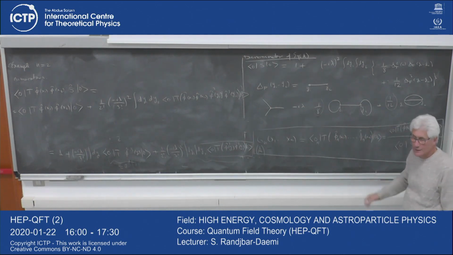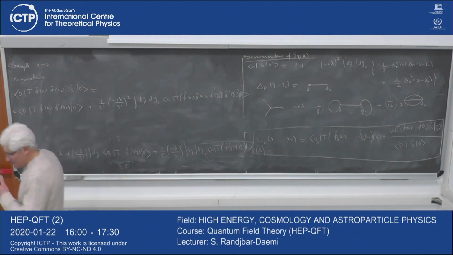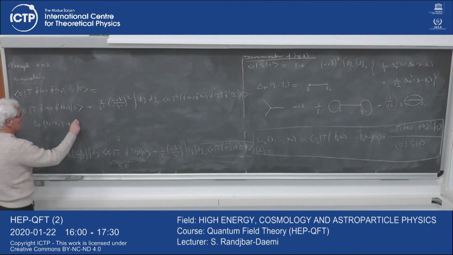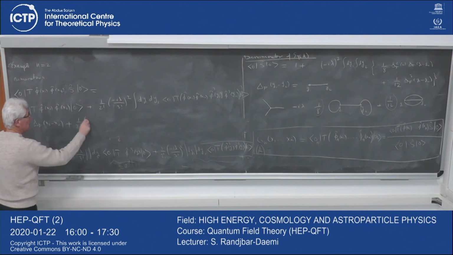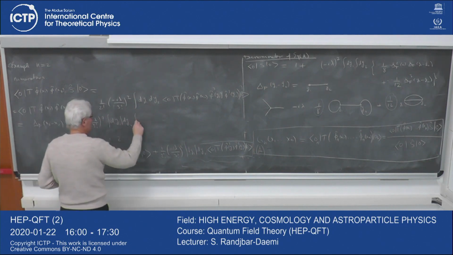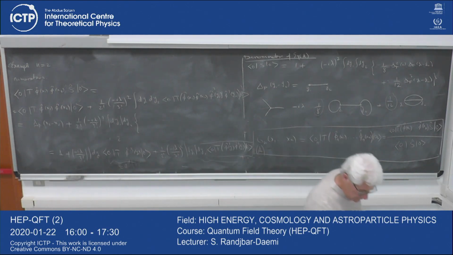Again, we have to contract everything in all possible ways. So this is just the Feynman propagator, plus the rest. The rest again can be expressed graphically.